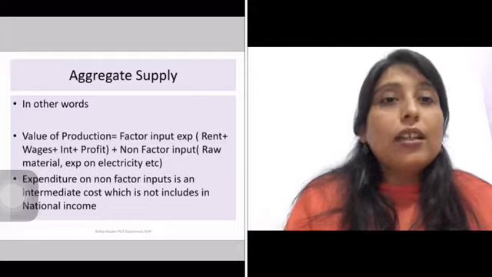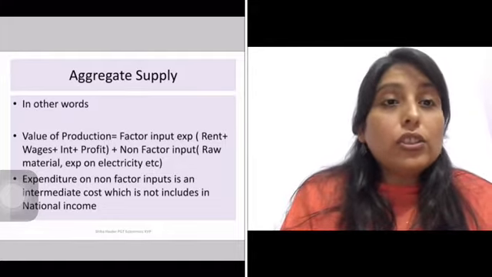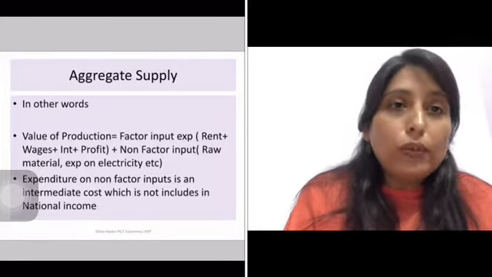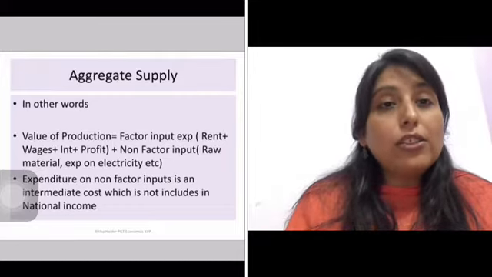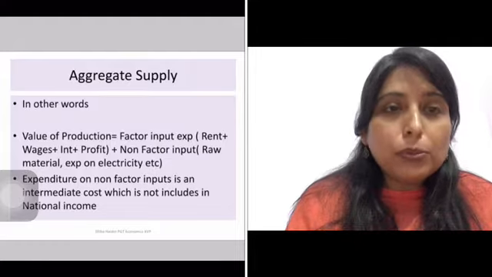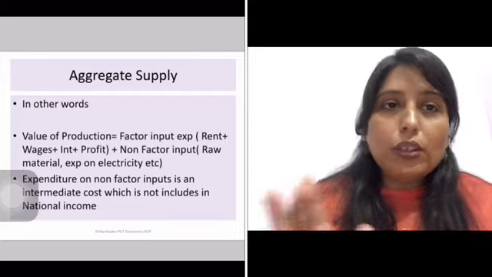सो इट मीन्स वैल्यू एडिशन और वैल्यू ऑफ प्रोडक्शन इज इक्वल टू एक्सपेंडिचर डन ऑन फैक्टर इनपुट्स प्लस एक्सपेंडिचर डन ऑन नॉन फैक्टर इनपुट. डन. बट द एक्सपेंडिचर ऑन नॉन फैक्टर इनपुट इज कॉल्ड इंटरमीडिएट कॉस्ट, intermediate consumption, and it is not considered in the estimation of national income, so it will not be considered.